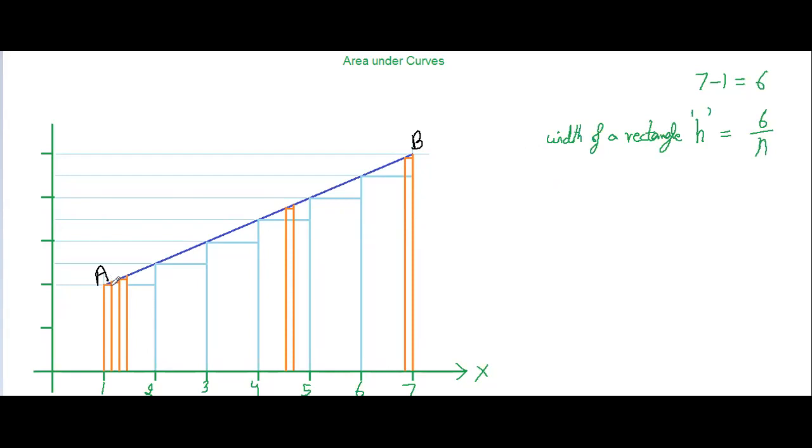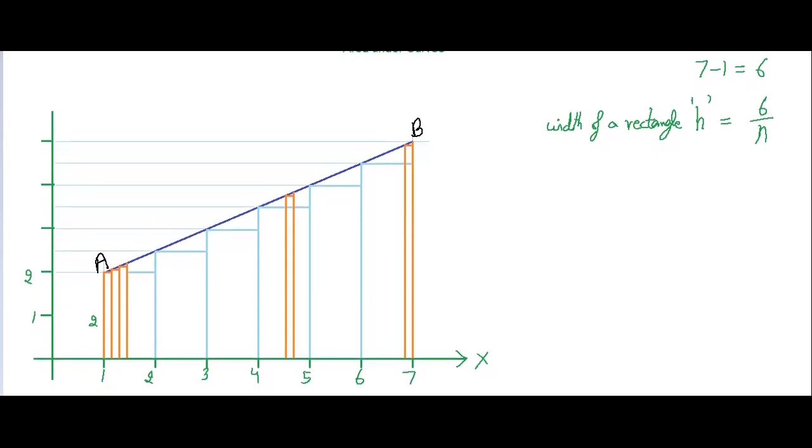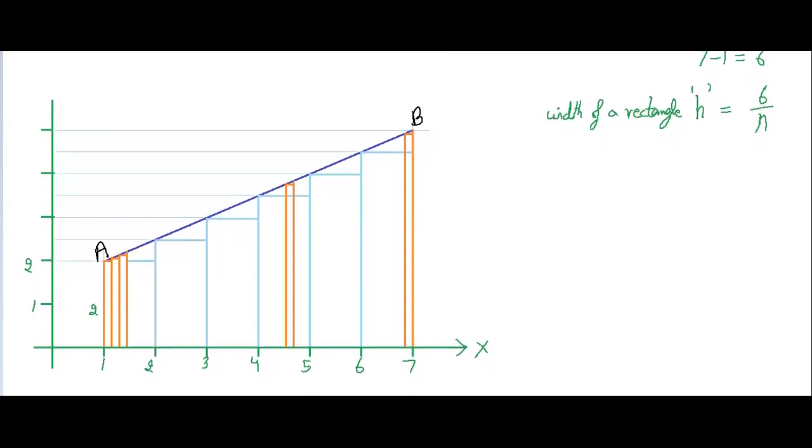The first rectangle's height is clearly read from the graph. It is 2. But how to find the height of the second rectangle? We will be using two things from your 10th class.